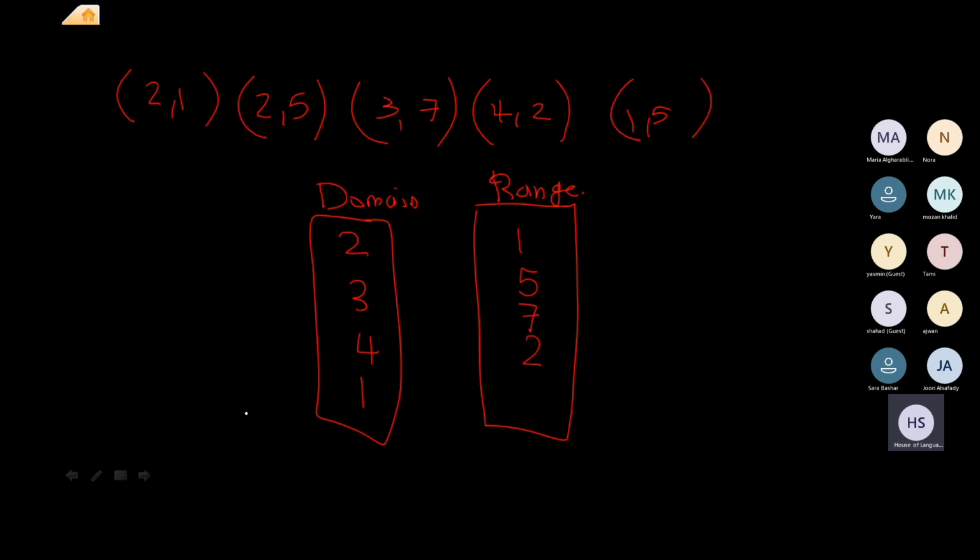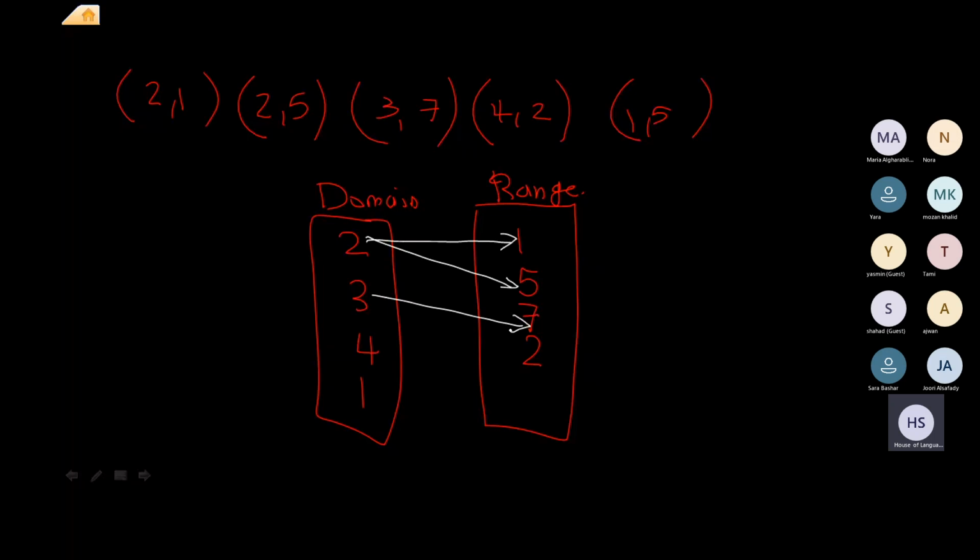Like Nada is a friend with Habiba. So I will match this is the input, this is the output, and there's a line between them. Here, 2 and 1, so I will draw a line from 2 to 1, which corresponds to 1. Here, 2 to 5. 3 to 7.